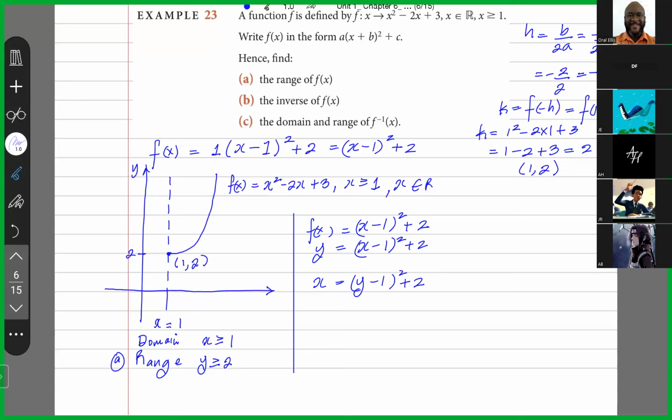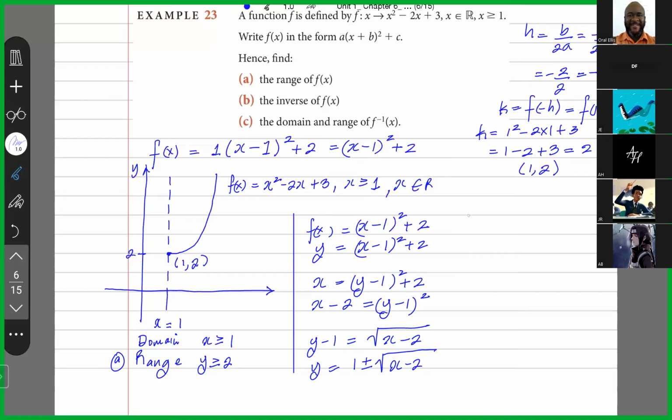Step 3 is to make y the subject. So we have x minus 2 is equal to y minus 1 squared. The opposite of square is square root. So y minus 1 is equal to the square root of x minus 2. And so y is actually equal to 1 plus or minus the square root of x minus 2.